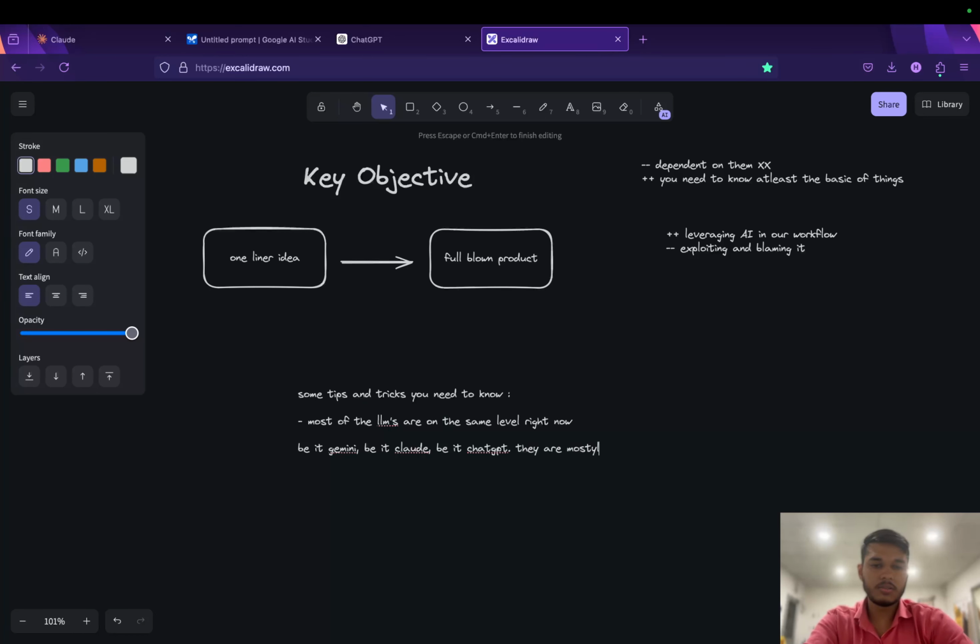They are mostly the same on general benchmarks. If an average user uses these three LLMs, most probably we won't be able to find any difference.